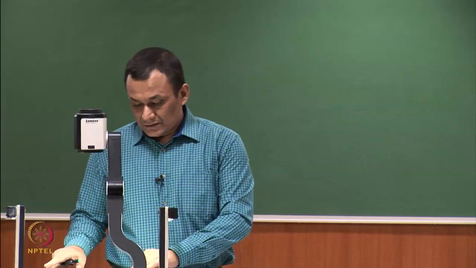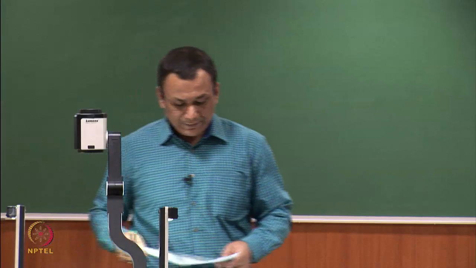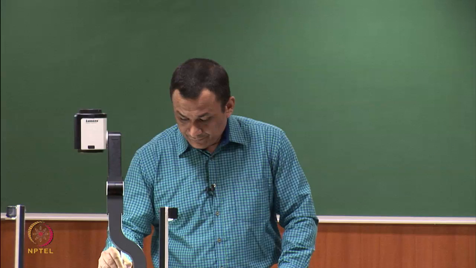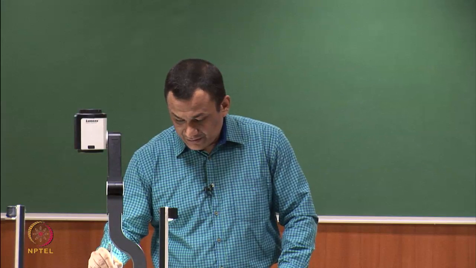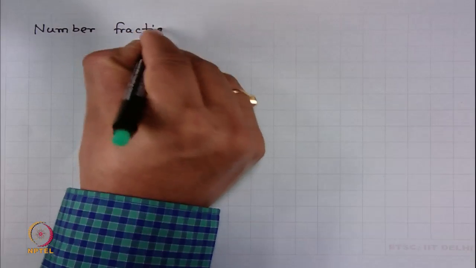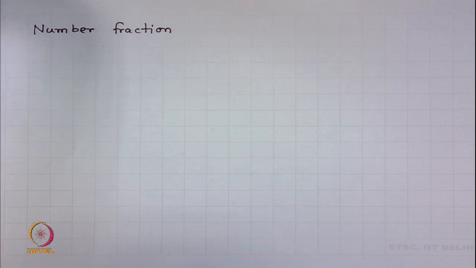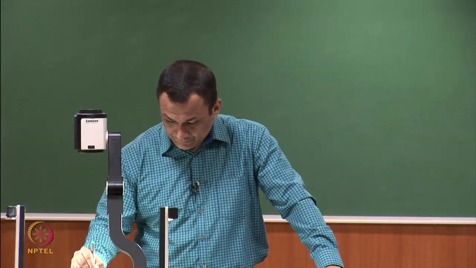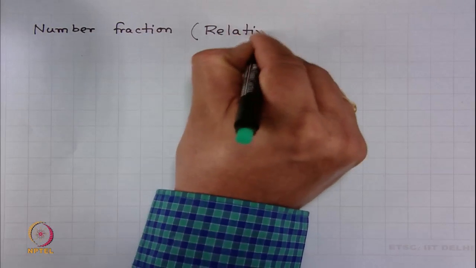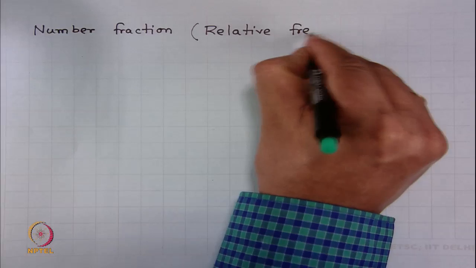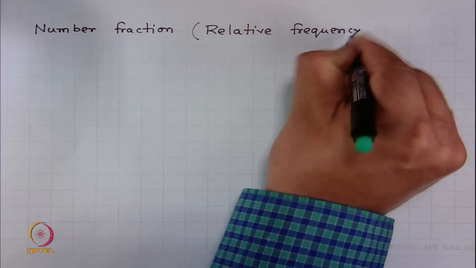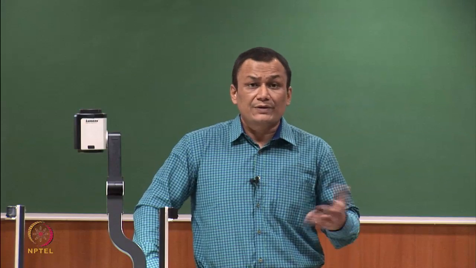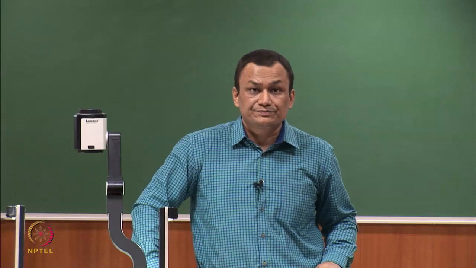Right. Then we come to another important fraction, which is number fraction. This number fraction is often termed as relative frequency. It can be asked like this: what is the relative frequency of cotton fibers in the blend of polyester and cotton fibers?